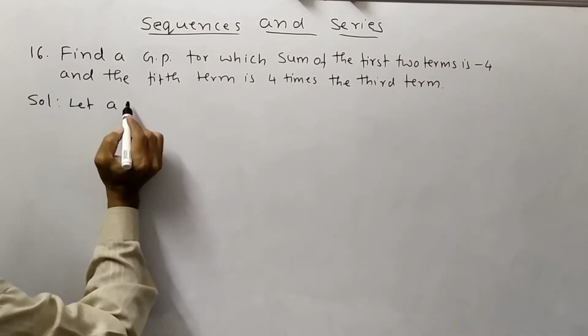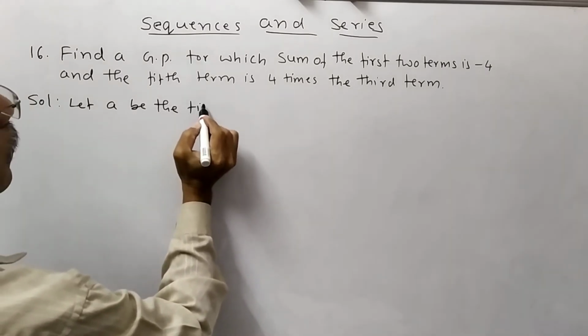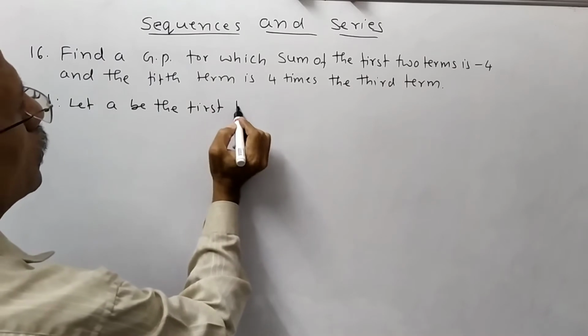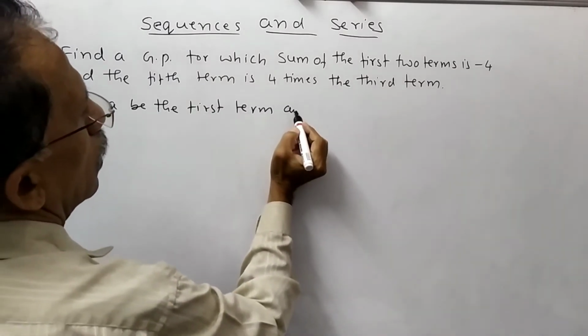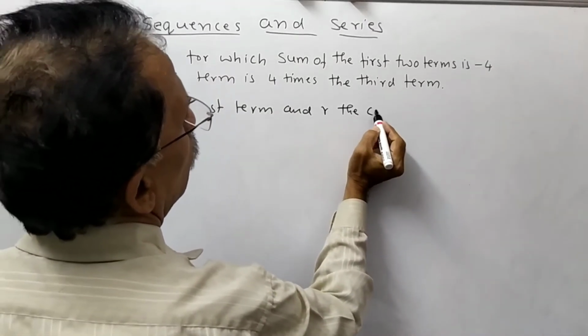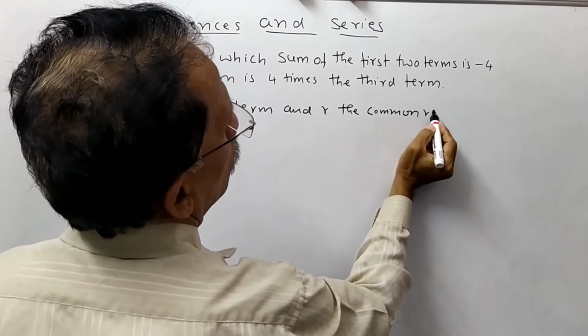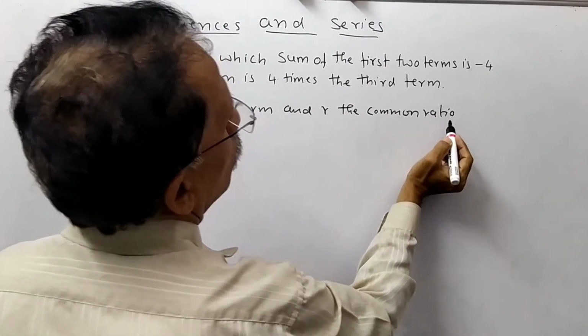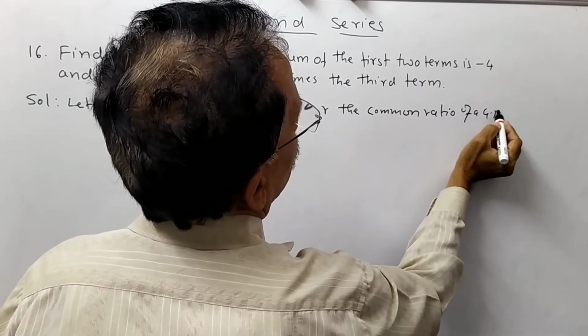Let A be the first term and R the common ratio of a GP.